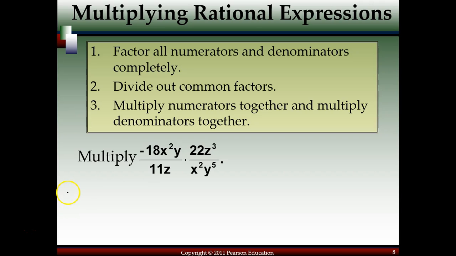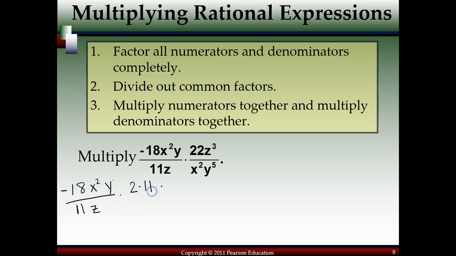We have negative 18 x squared y over 11 z times, okay, I noticed here this is 11 and 22 has factors of 2 and 11.